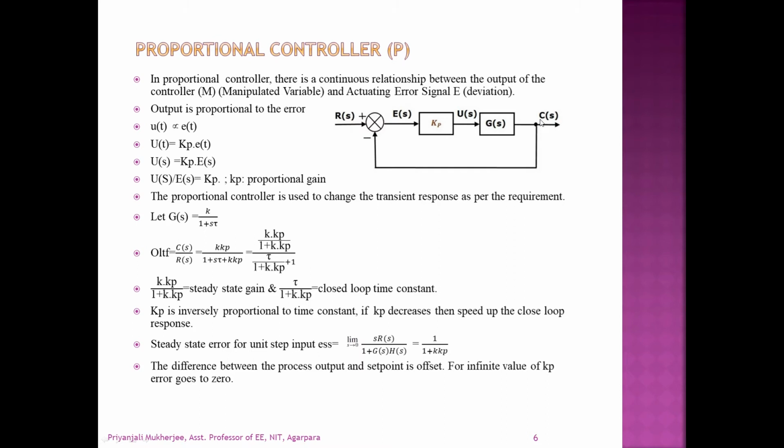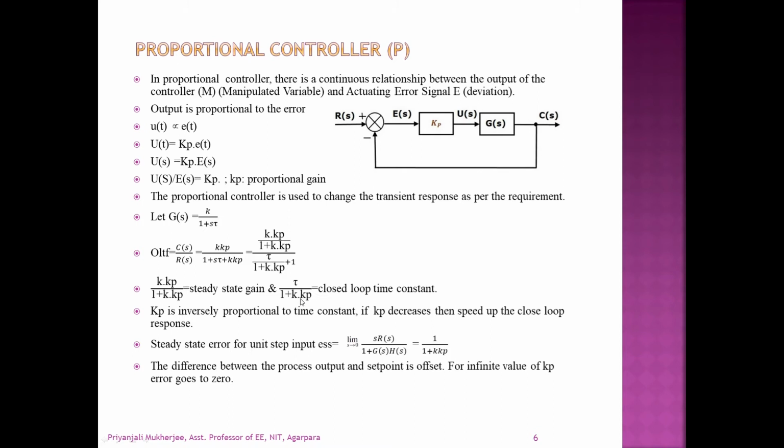Now, the overall transfer function C(s) by R(s) becomes K Kp by 1 plus K Kp, times 1 by 1 plus s times tau by 1 plus K Kp. Here K Kp by 1 plus K Kp is the steady state gain, and tau by 1 plus K Kp is the closed loop time constant.